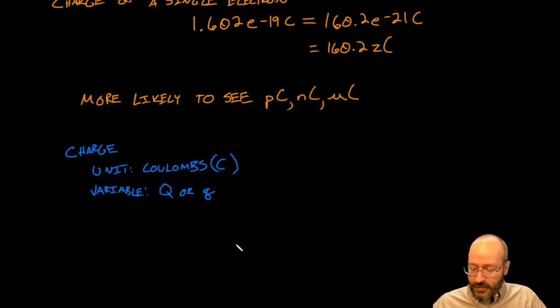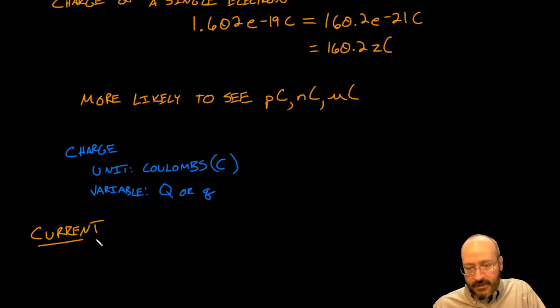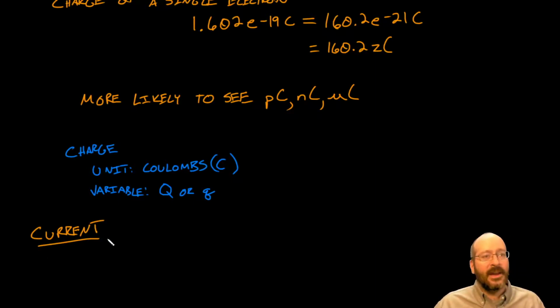In order to talk about charge moving, then we're going to talk about our next value and variable, and that is current. Okay, and this is really just the flow rate of charge. So if you want to think of it as flow rate, I get a lot of MEs watching these, I know that, and so it's flow rate.